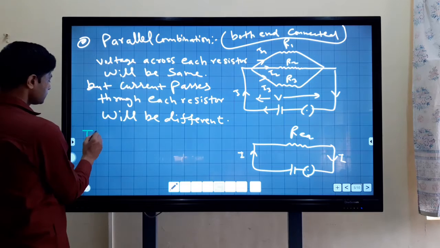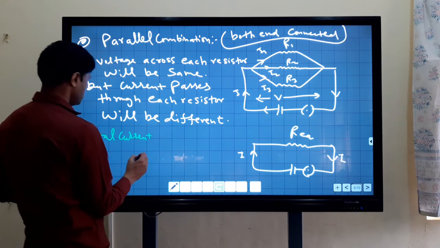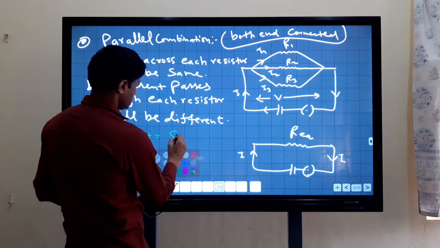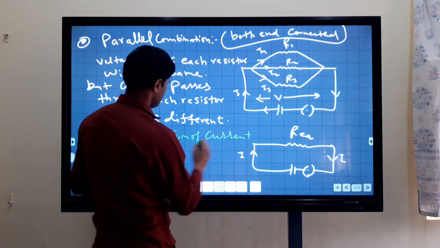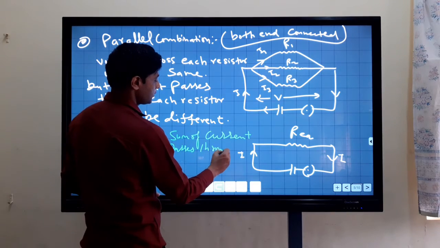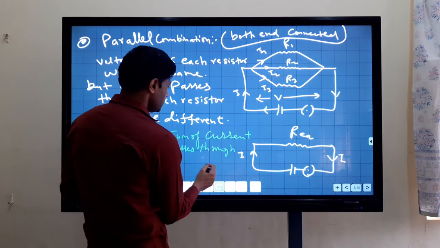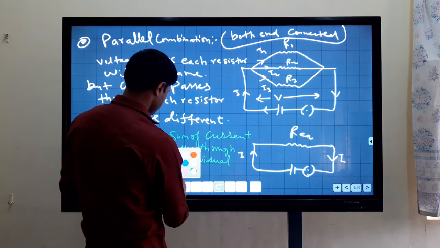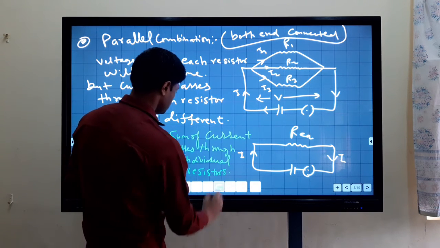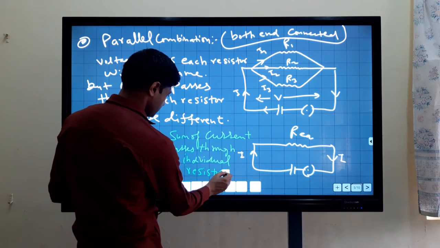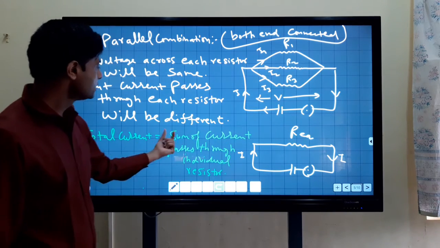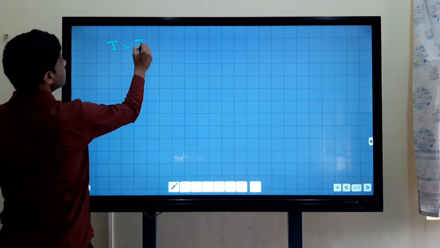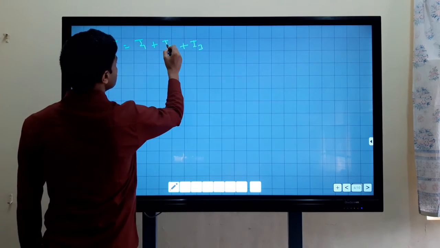But the algebraic sum of the currents will be the same as the total current. It means total current equal to the sum of the currents passing through the individual resistors. Thus I equal to I1 plus I2 plus I3.